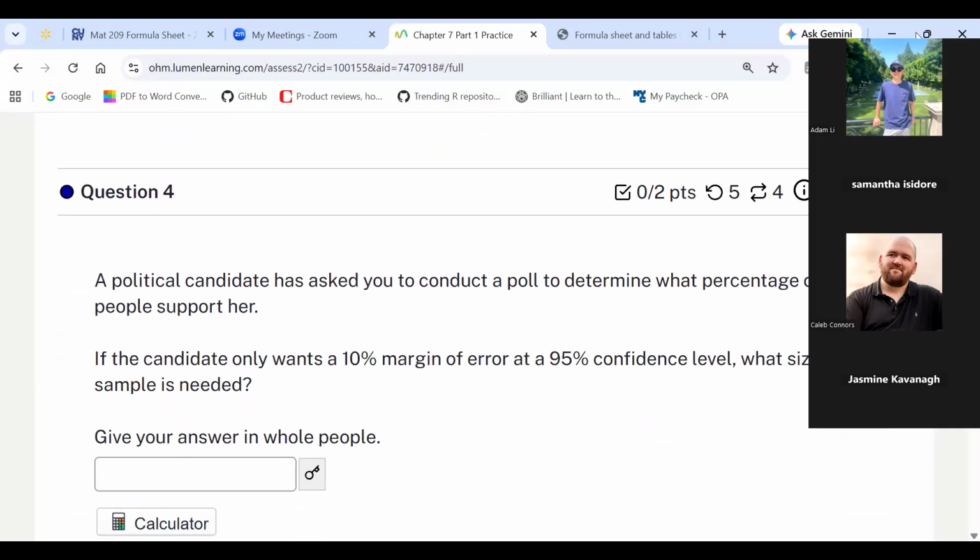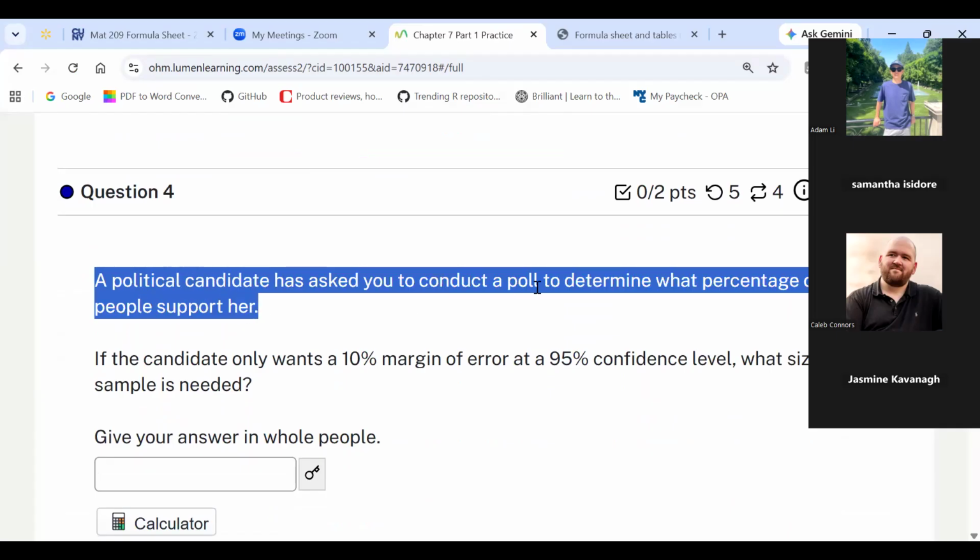Now let's look at this question. A political candidate asked you to conduct a poll. Politicians usually need funding, like crowdfunding or funding from different companies, so they can fund their campaign.